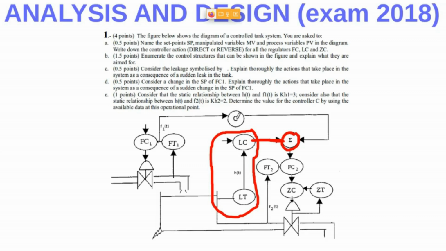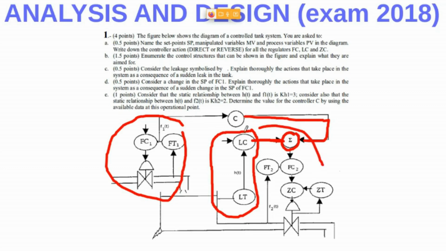And it's a feed-forward controller because its controller action is applied on a section of the system that has nothing to do with this first section of the system. So here we have a classical feedback loop, and this is a feed-forward controller. So we have a triple cascade in here, we have a feed-forward controller, and here we have a classical feedback control loop.